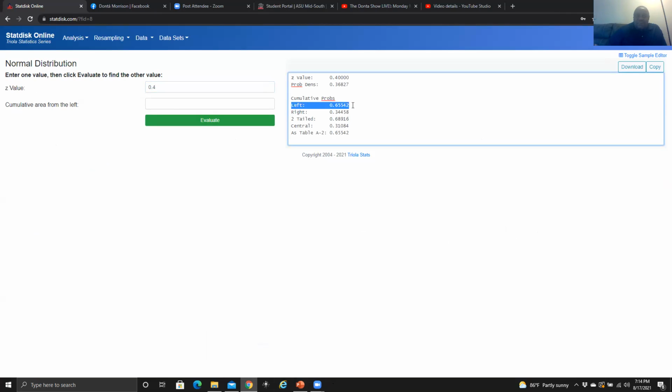So we want the one that says the cumulative probability on the left. In this case, that probability value would be 0.6554, if we round it to 4 decimal places. Okay, so that's part A.